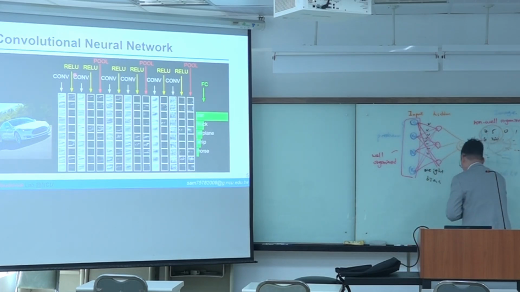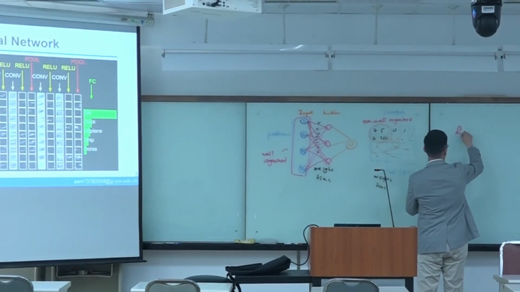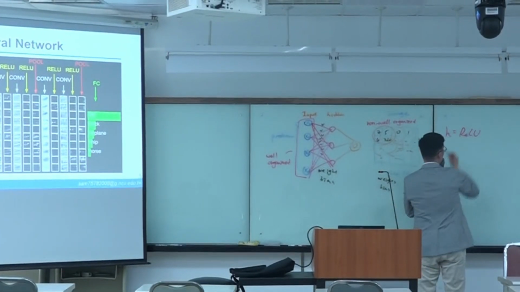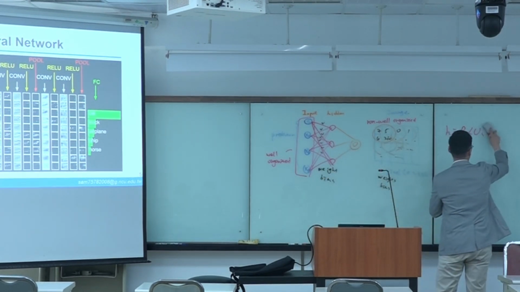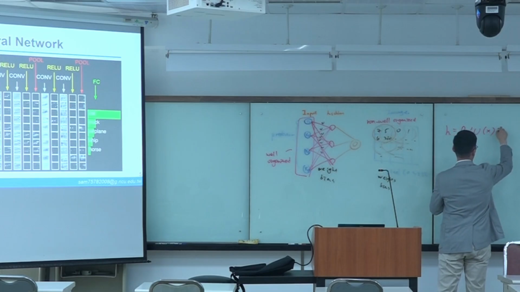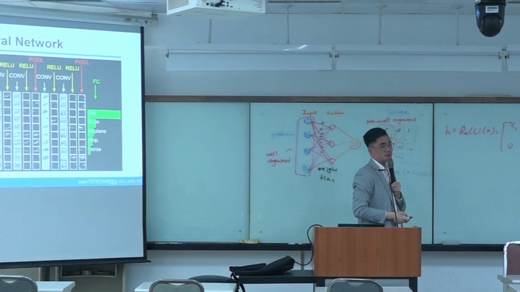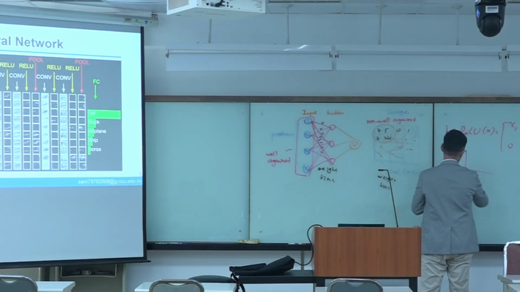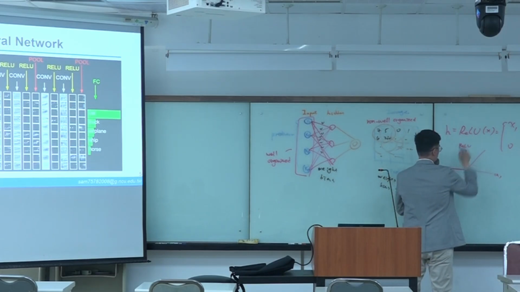The ReLU function, suppose the output is h, the ReLU function of x is: if x is greater than 0, then you output x. If x is smaller than 0, then you output 0. Right? Do you remember? That's the ReLU function.